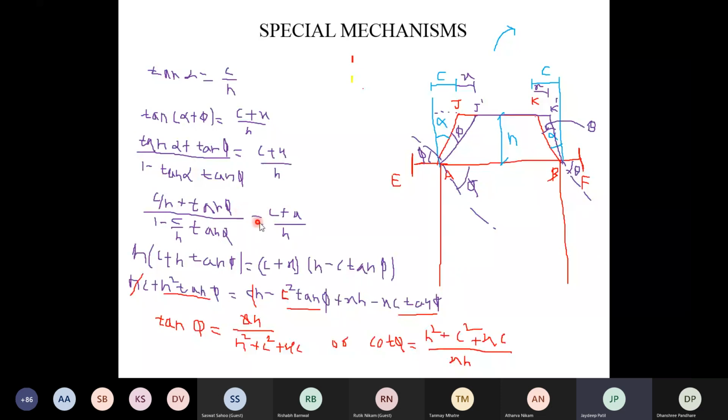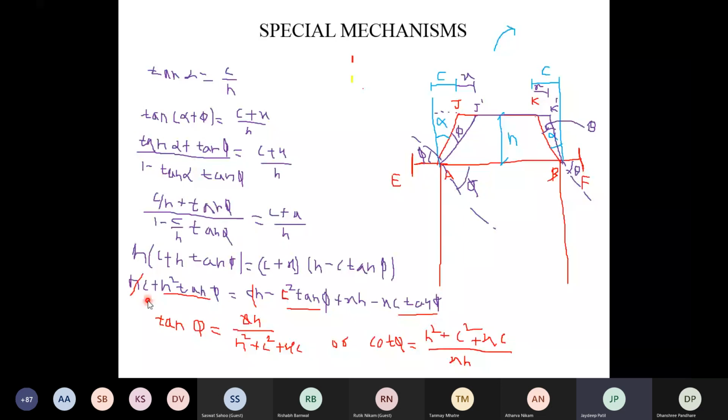Then you have to do the cross multiplication. Let's say left hand side multiplied means h into bracket c plus h tan phi is equal to c plus x into bracket h minus c tan phi. I have to multiply this h to this bracket and c plus x to this bracket. Means you will get here hc plus h square tan phi is equal to ch minus c square tan phi plus xh minus xc tan phi.